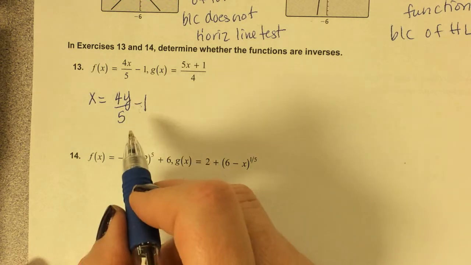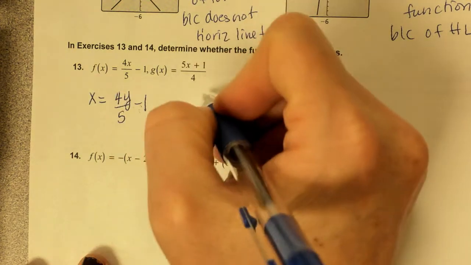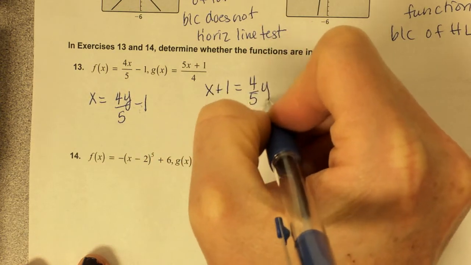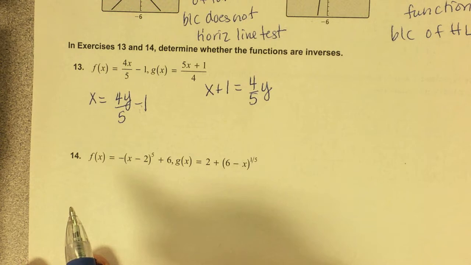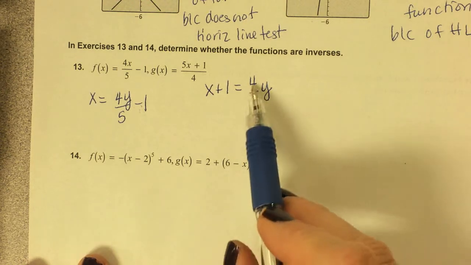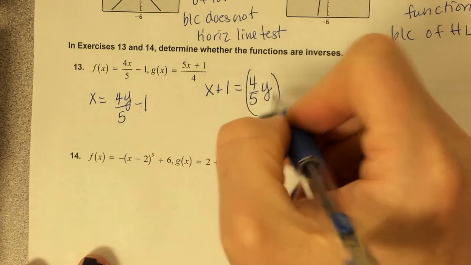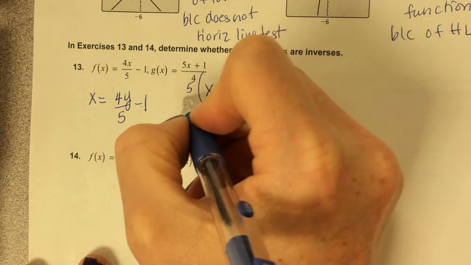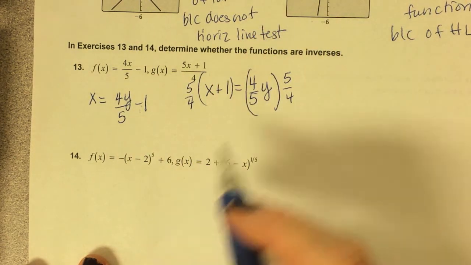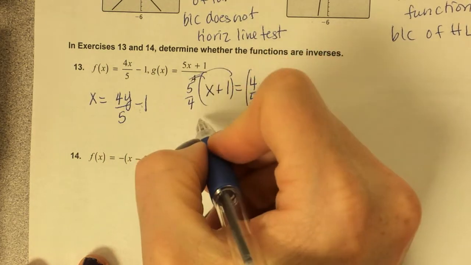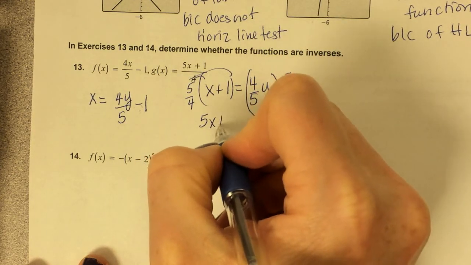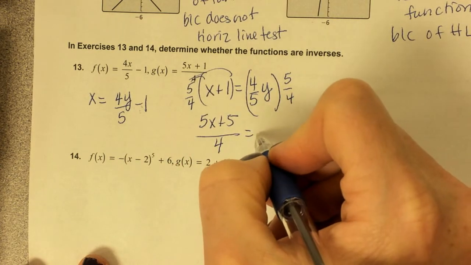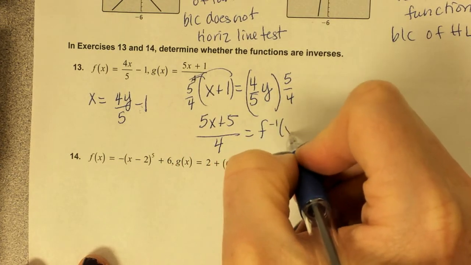So what are we going to do? Right? So now we're going to have x plus 1 equals 4/5 y. Joey, how do we get rid of the 4/5? Right, both sides. Everything gets multiplied by 5/4. So now when I distribute this through, I'm going to have 5x plus 5 all over 4. That's going to be our inverse.